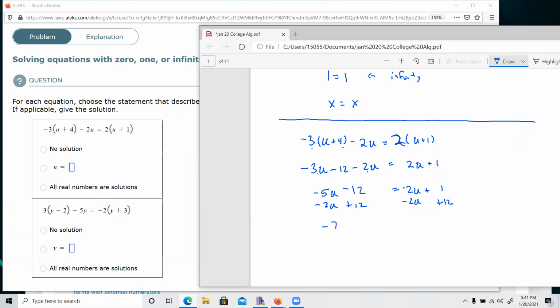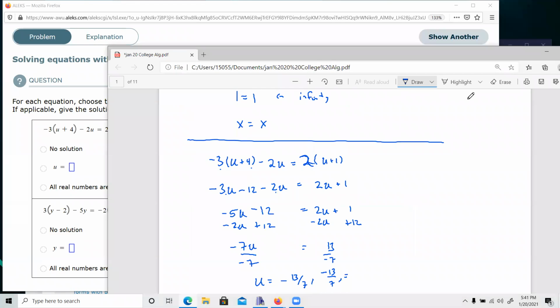So here we're going to have minus 7u, minus 5 minus 2 more, equals 13. And then we can divide both sides by minus 7 and get u is equal to 13/7. Just so you know that those are all equivalent. Okay, all of these are the same thing. I want to say equals.